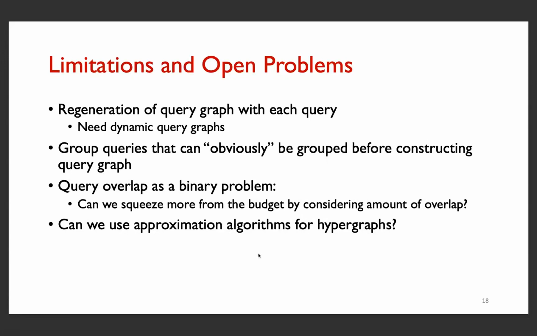Another thing is we have defined query overlap as a binary problem, but we could look into the extent to which queries overlap and may be able to squeeze more out of the privacy budget using that approach. Some other pointers could be to use approximation algorithms for hypergraphs instead of just looking at the query graph, or any other problem that could relate to maximum overlap for which we know some efficient algorithms in practice.